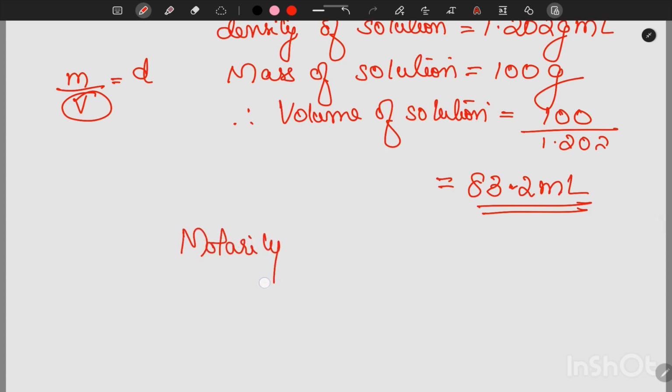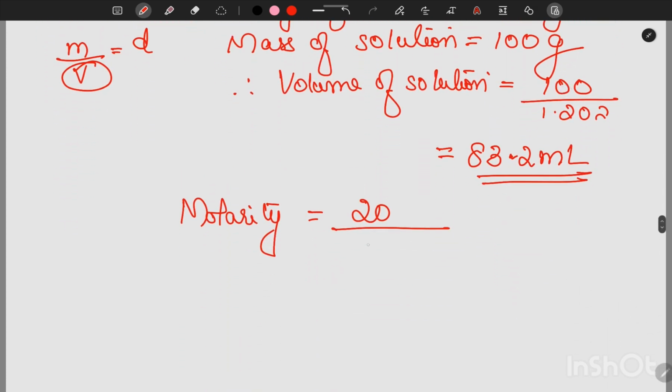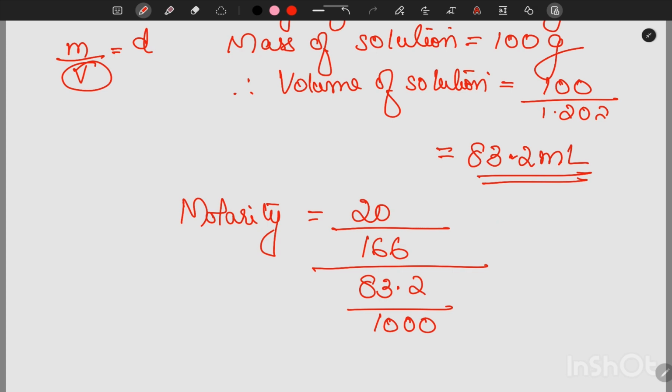Molarity is equal to mass of solute, 20 gram, divided by molar mass of solute, potassium iodide, which we already calculated, 166, divided by volume of the solution, we got it as 83.2, then divided by 1000 for converting into liters. So we will get the molarity of solution as 1.44 molar.